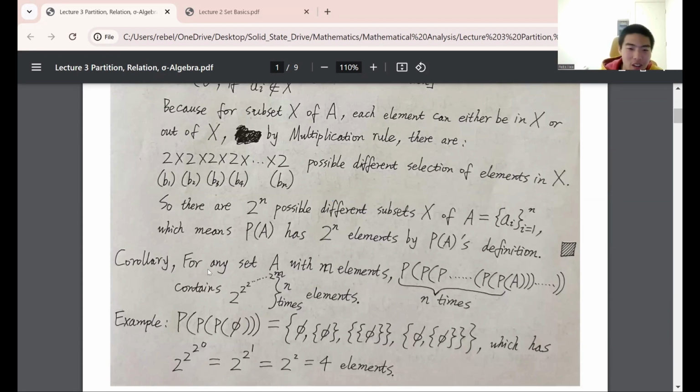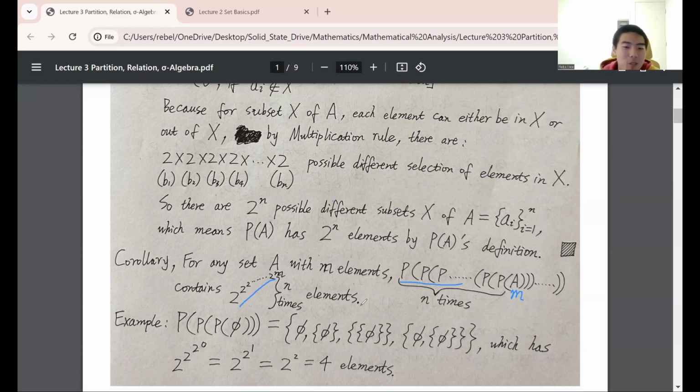It's a result that for any set A with m elements, if there's n P's, which means there are many layers of power set, we'll get 2 to the power 2 to the power 2, and so on. There are n 2's stacked as powers, and then m elements.